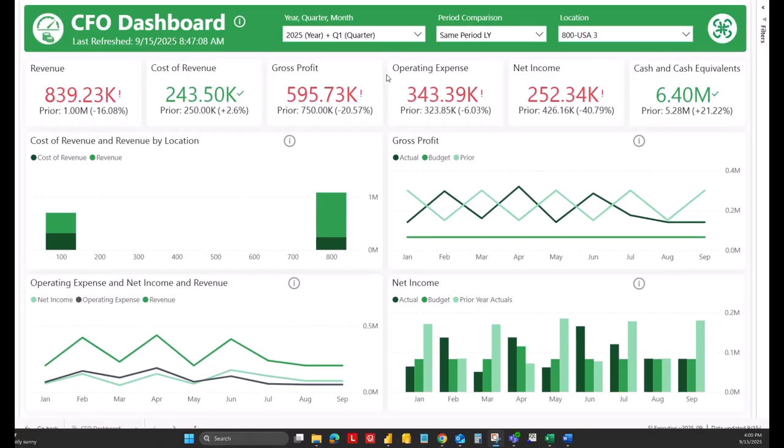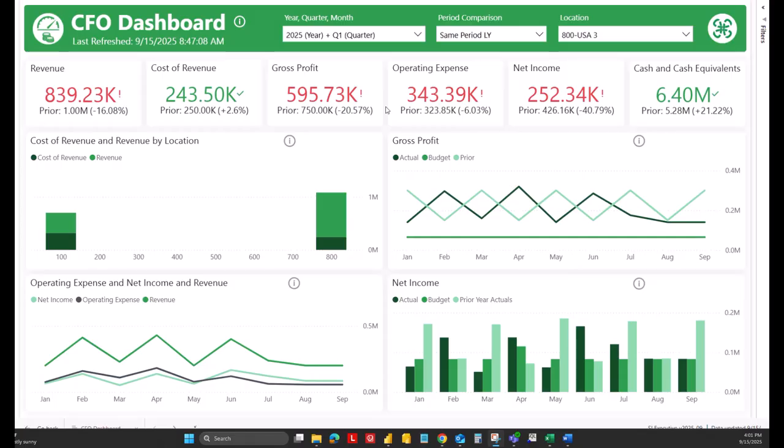So as you can see here, we have revenue, cost of revenue, gross profit, operating expense, net income, and cash equivalents. However, these are not set in stone. So the CFO or someone else in a related role can select different account groups that better fit your financial operation needs.